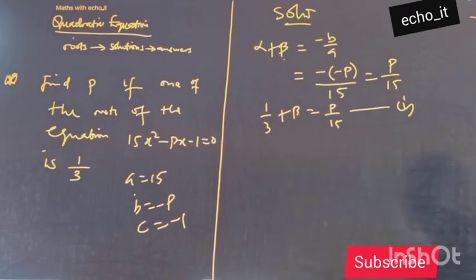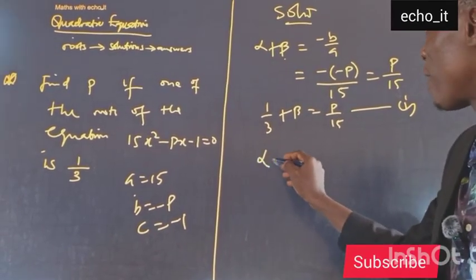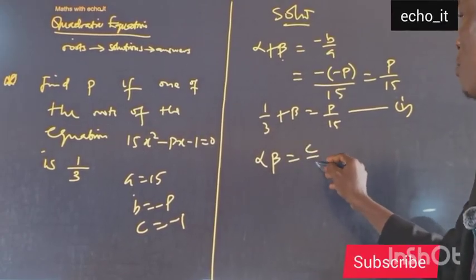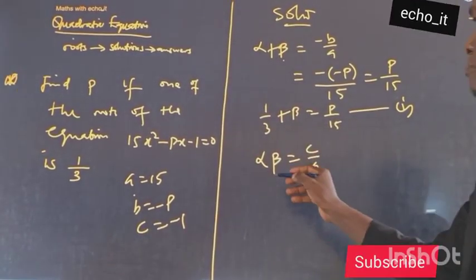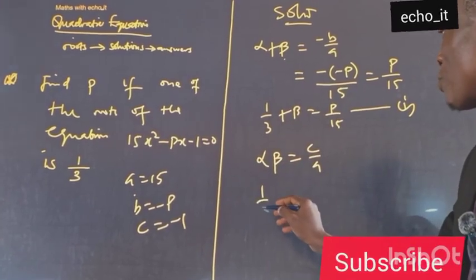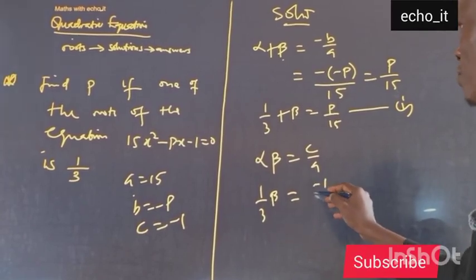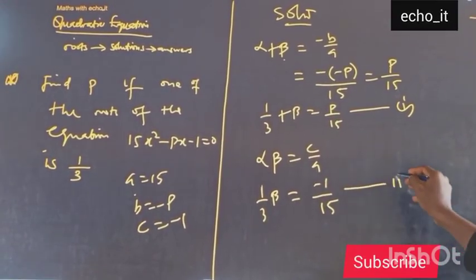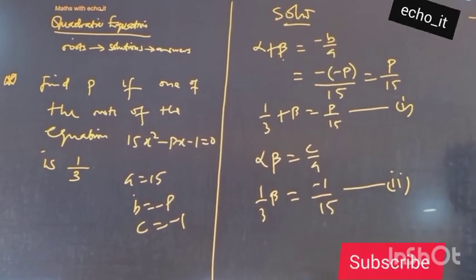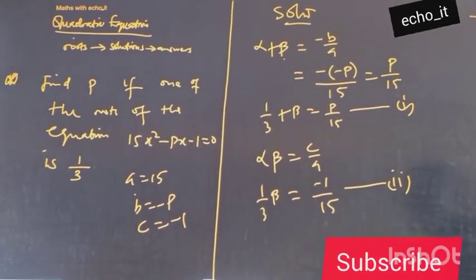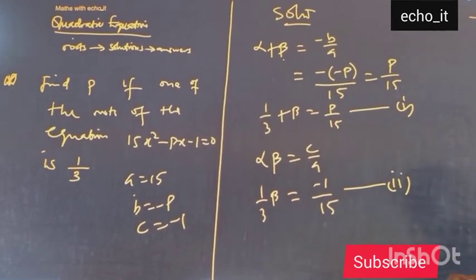Then the product of roots alpha times beta is c over a. So here we have one of the roots, which is 1 over 3, times beta equal to c over a, that's minus 1 over 15. So you have two equations. So how are you going to solve for this? You have beta, you have p, and you have a number here.